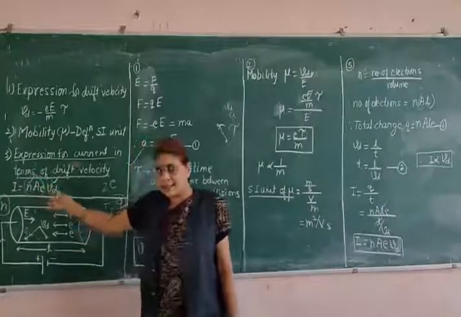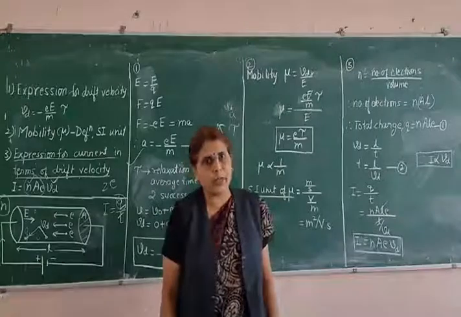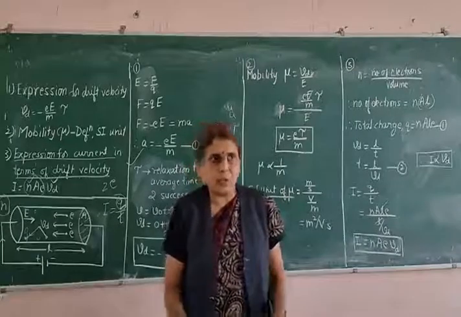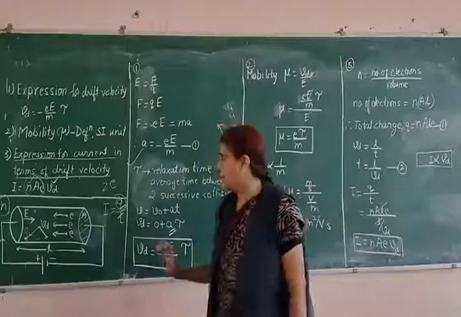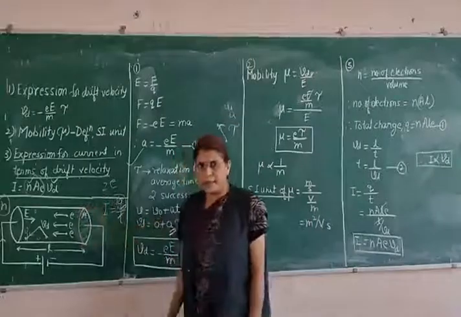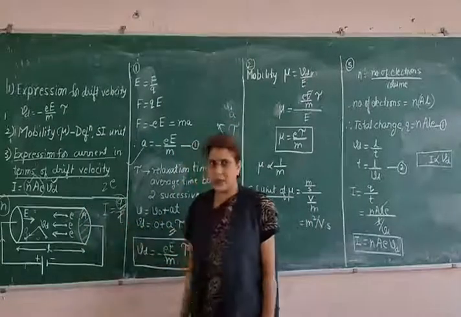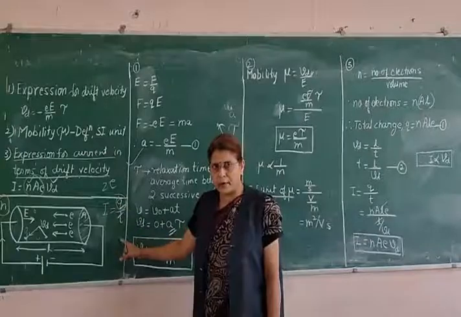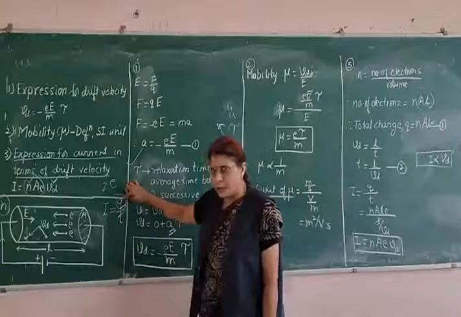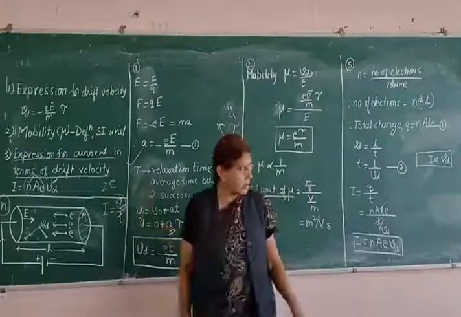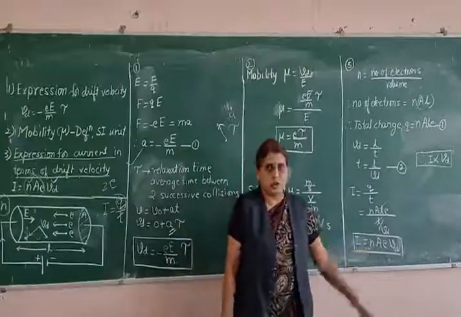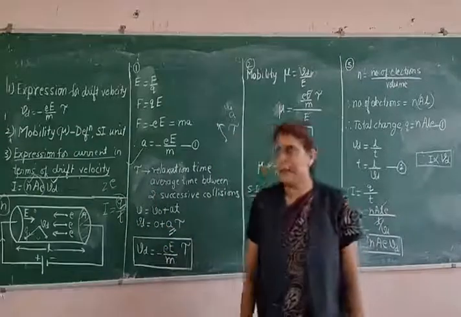If the velocity increases, naturally the current is also going to increase. So what steps will you remember in this small derivation? Figure, first point. Basic definition of current I = Q/t. Find the value of Q, find the value of t, substitute and get the final equation.